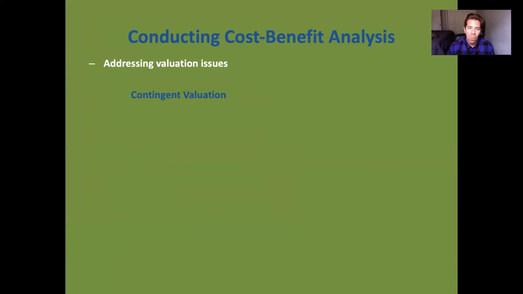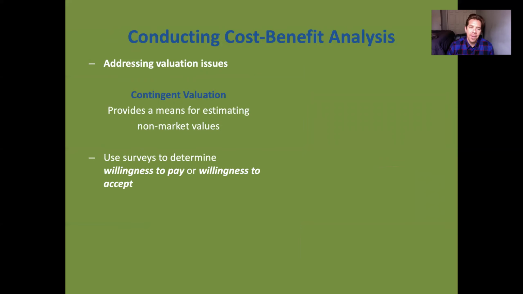But we're going to talk about one, which is very common, which is called contingent valuation. Okay, and this is an analytical approach that's used to estimate the values of things that are difficult to quantify from a monetary perspective, right? And the most common approach for contingent valuation is to use surveys, right?